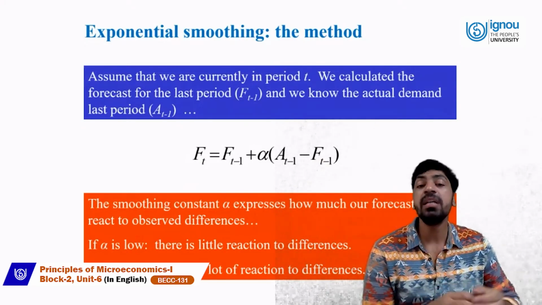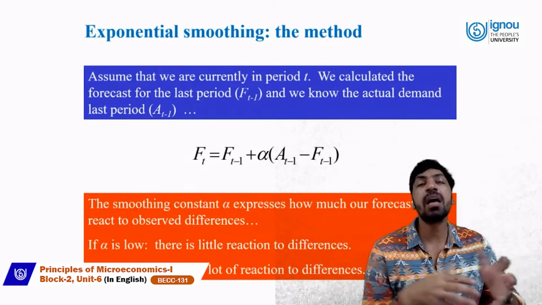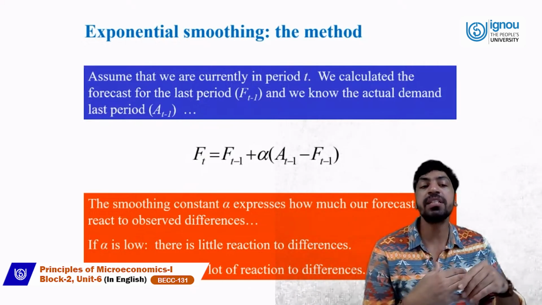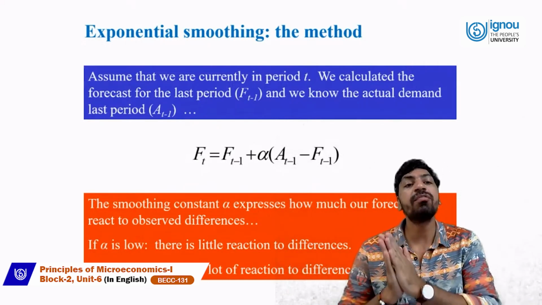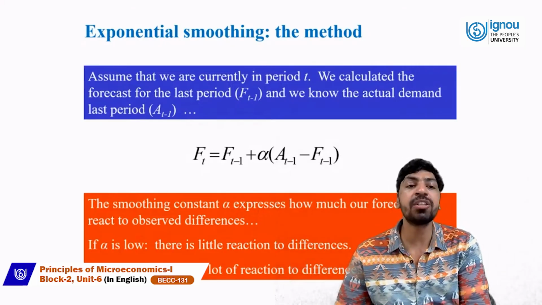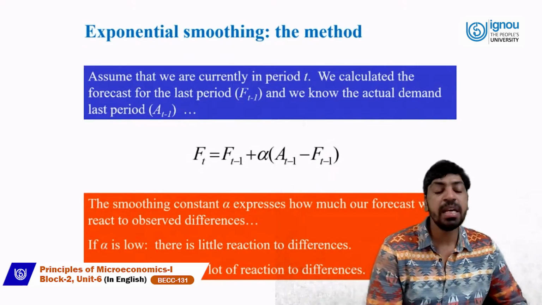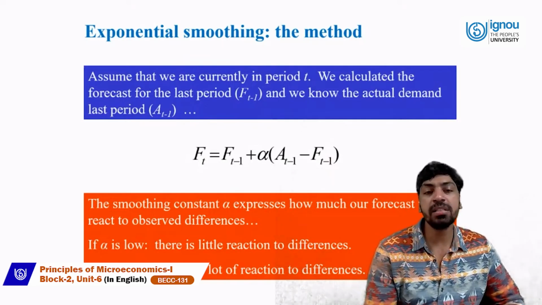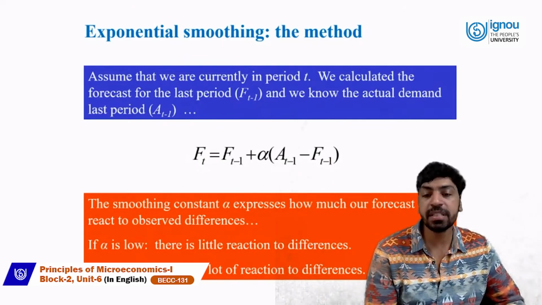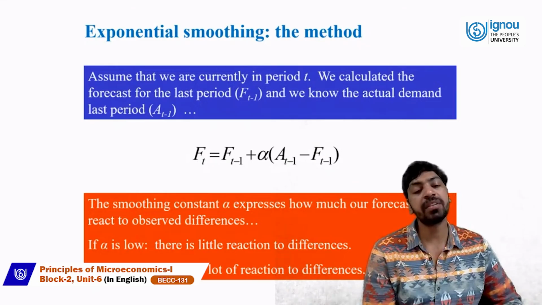Here the alpha expresses how much the forecast reacts to the observed differences between the future forecast and the actual present forecast. If the alpha value is low, there is a chance of little differences and little reaction.